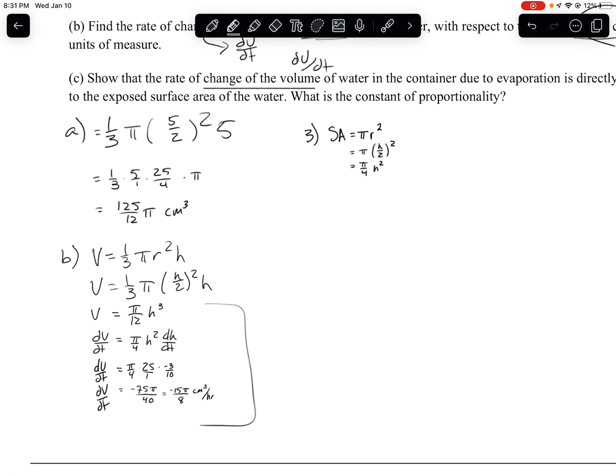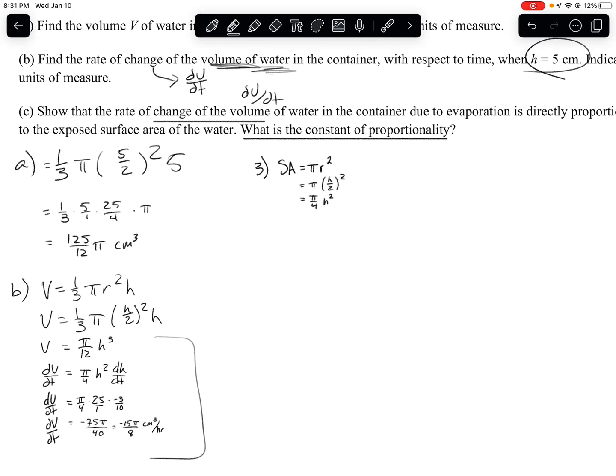So now, it's asking for the constant of proportionality. Basically, what I'm looking for is my surface area times something equals my dV dt. That's essentially what it's asking. This number could be a fraction, or I could be multiplying or dividing. Either one's fine. So all I need to do is look through and find, oops, what did I just do?